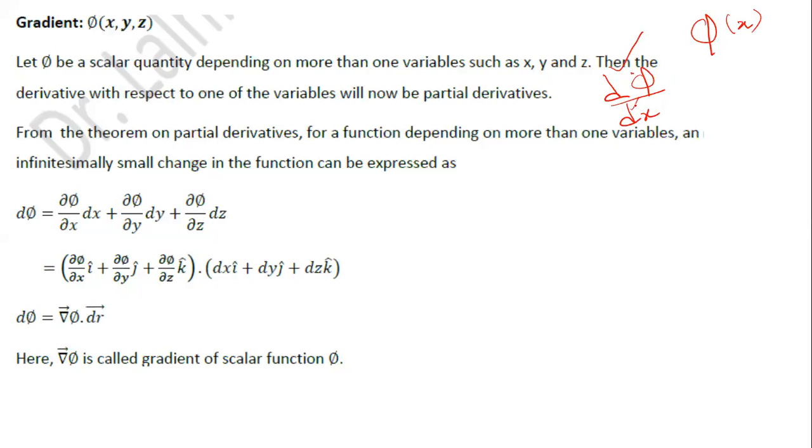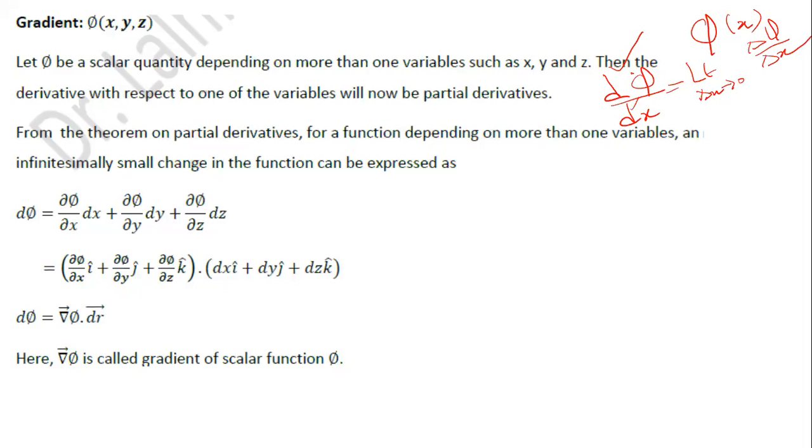In normal derivative, we simply use the notation d here. Differentiation of phi with respect to x is called normal derivative if phi is a function of single variable x only. Now, in this case, this will be the limit del x tending to 0 of del phi, the change in phi with respect to change in x. This is how we take a derivative, right?